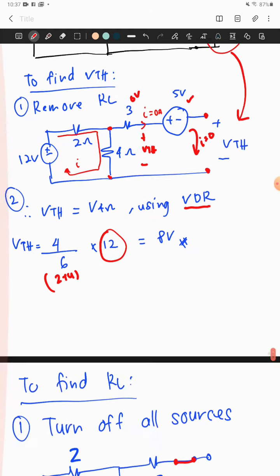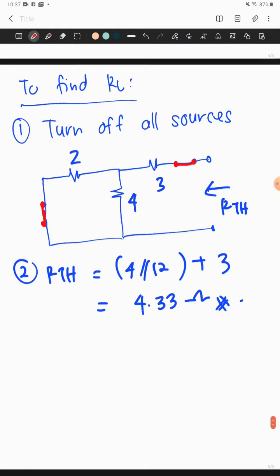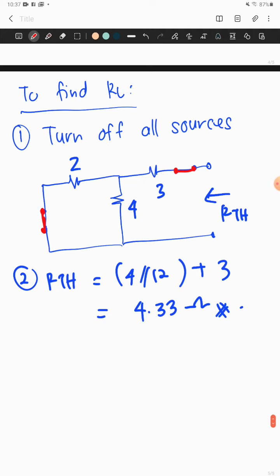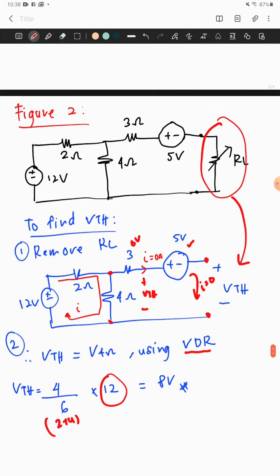Okay, so next, we find the value of RTH, similar to the same steps before in figure 1. In order to find the value of RTH, we need to turn off all the sources. We have two voltage sources in this circuit, which are 12 volt and also 5 volt over here.